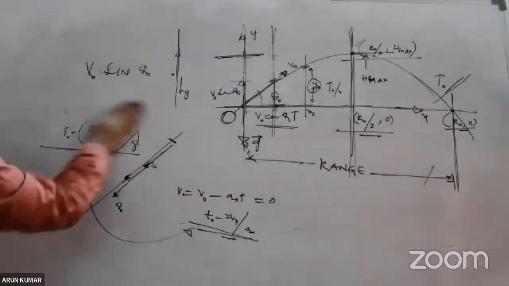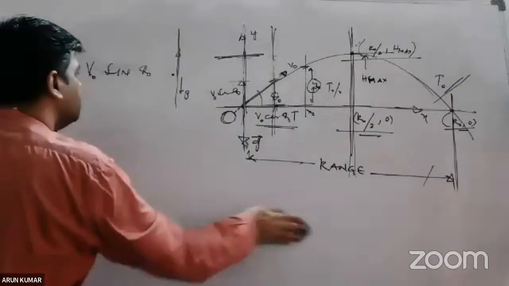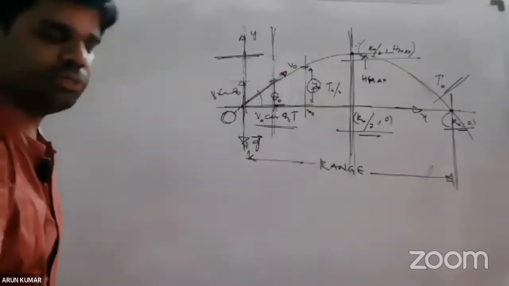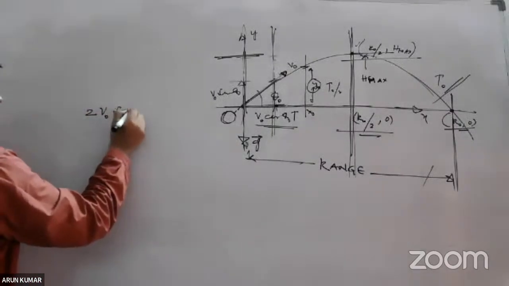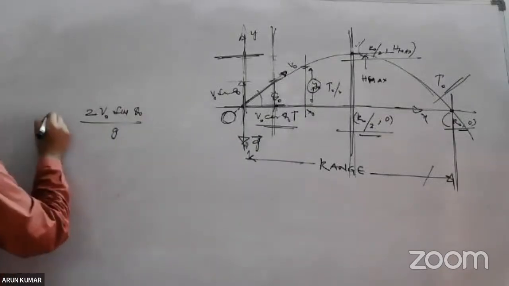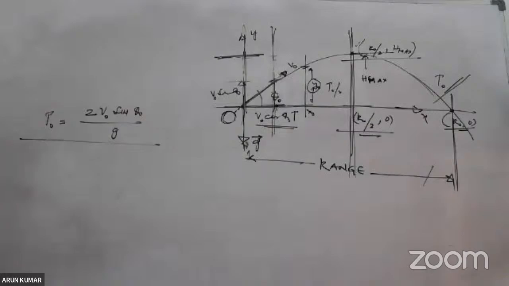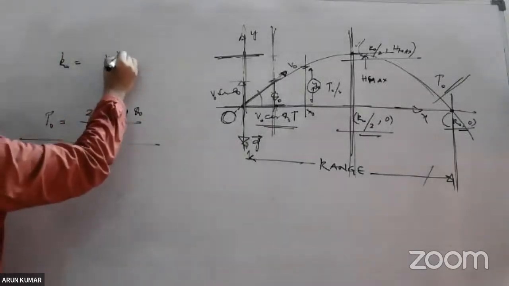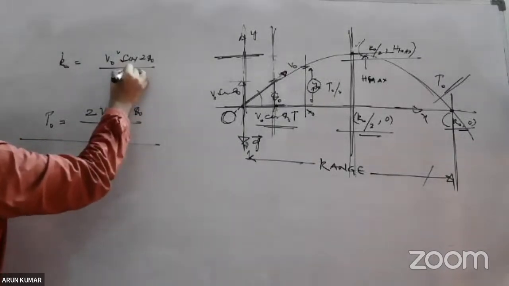సో నాకు టైమ్ ఆఫ్ ఫ్లైట్ ఎంత వచ్చింది ఇప్పుడు, capital T naught ఎంత వచ్చింది, 2v naught sin theta by g వచ్చింది. All right, so I got R naught, which is v naught square sin 2 theta by g.